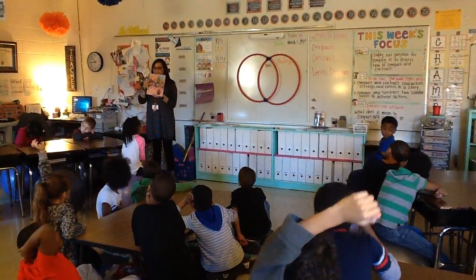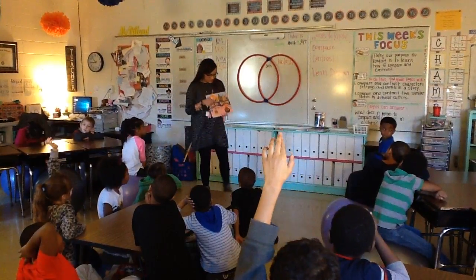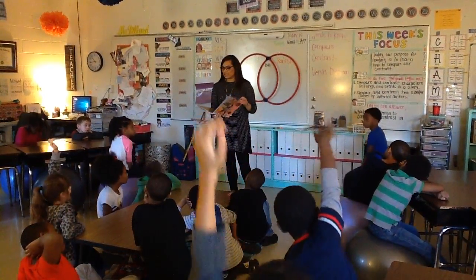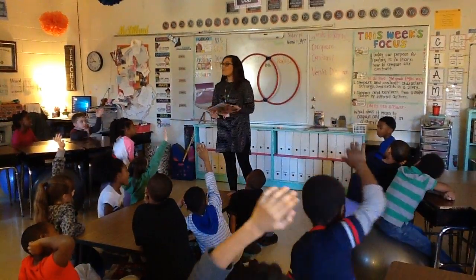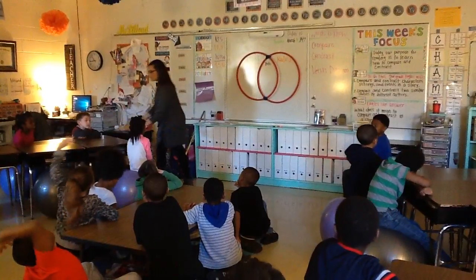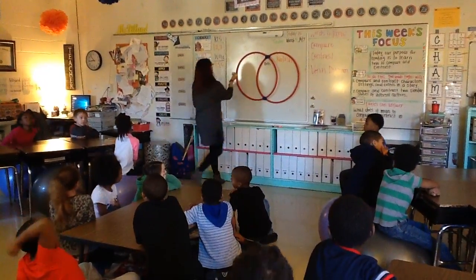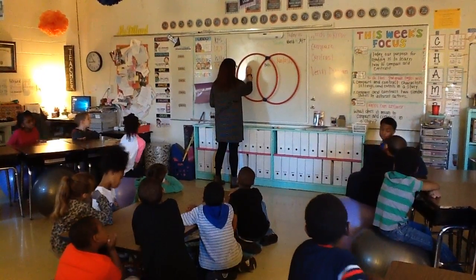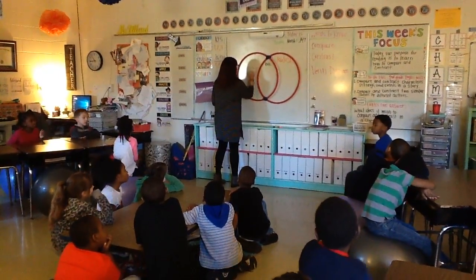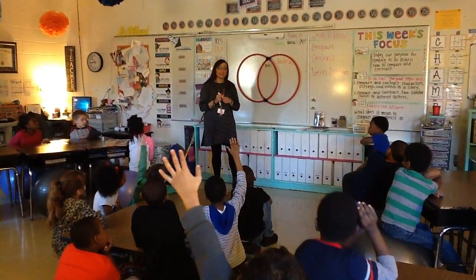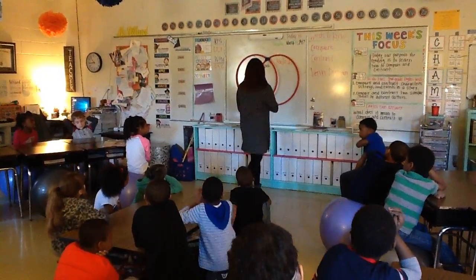I'm sorry, this is Elliot right here. Does he live in America or India? America, good. So Elliot lives in America. So if Elliot lives in America, where does Kalish live, Lionel? India.